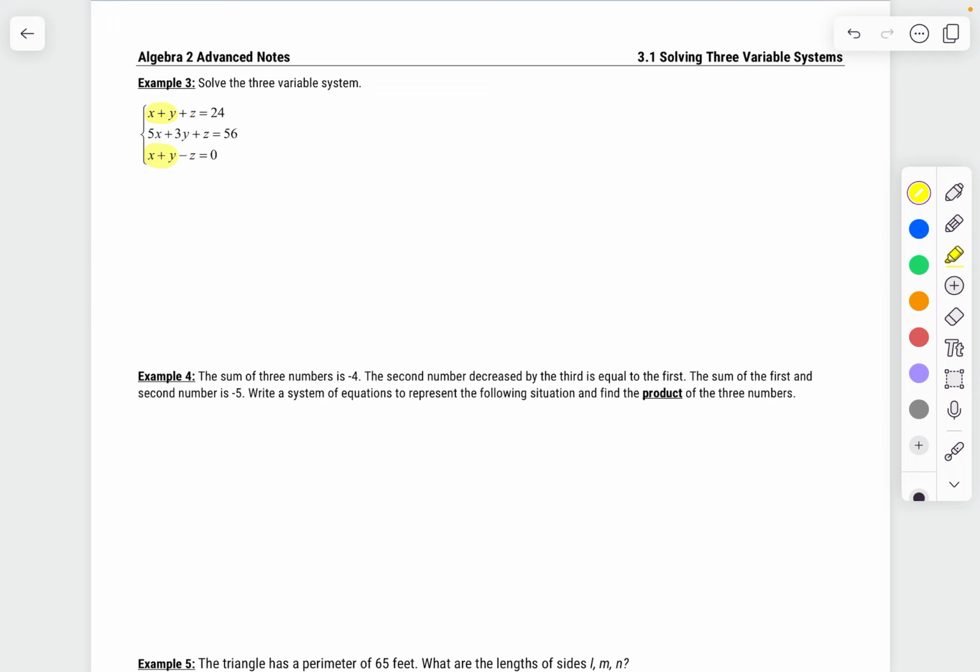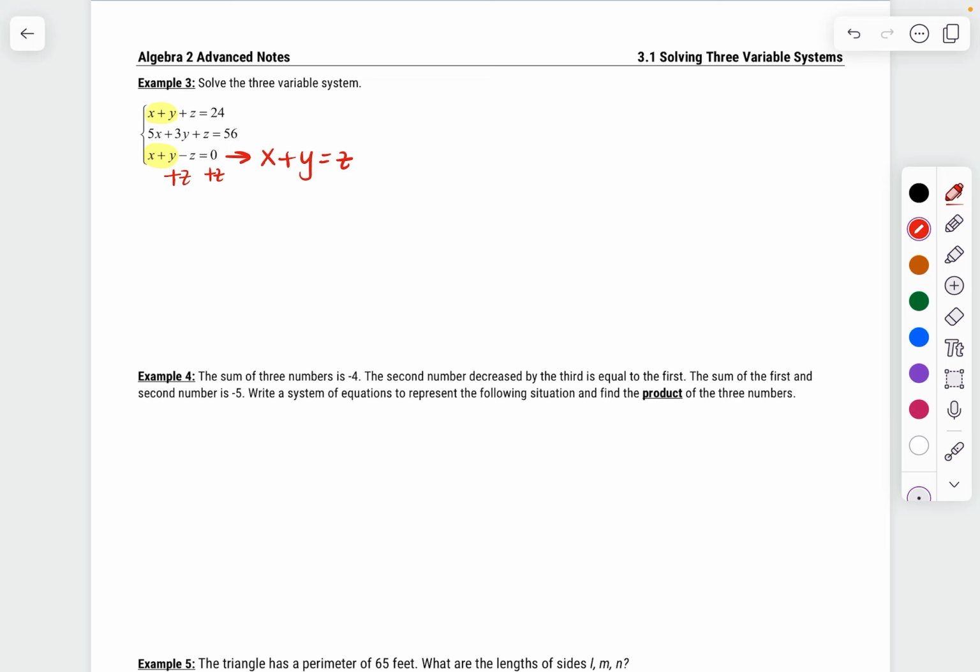And I can use that to my advantage, because what I'm going to do is go ahead and say in this bottom equation that if I add z to both sides, x plus y is equal to z. So anywhere I see x plus y, I can replace it with a z variable.